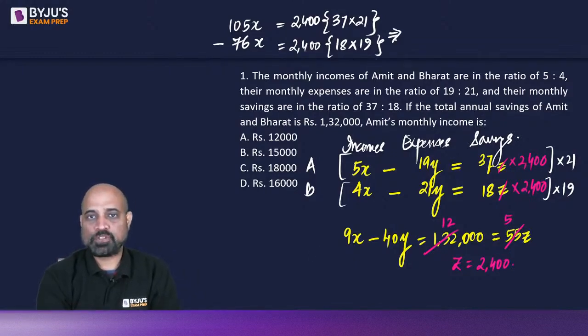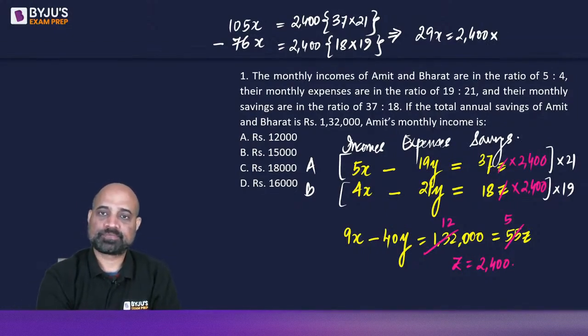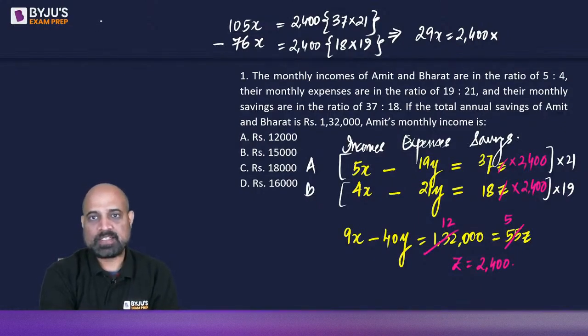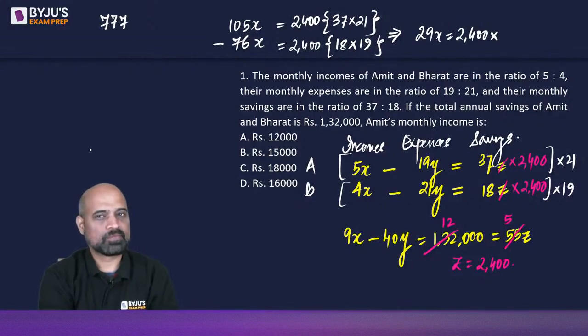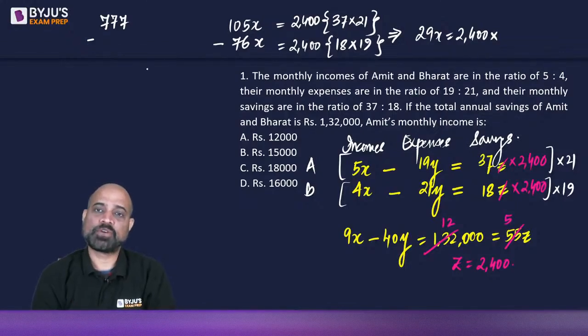So if you solve this, we will have 105 minus 76, 29x is equal to 2,400 into 37 into 21, which is going to give us 777. And then 18 into 19 is going to be 342.